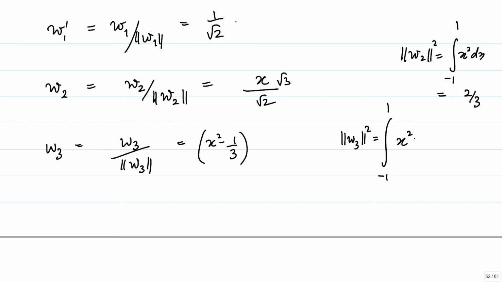This is just going to be the integral of x square minus 1 by 3, the whole square, dx. Let me call the root of this alpha, or rather let me call it alpha square, where alpha is a positive number. So, this is going to be 1 by alpha times that.